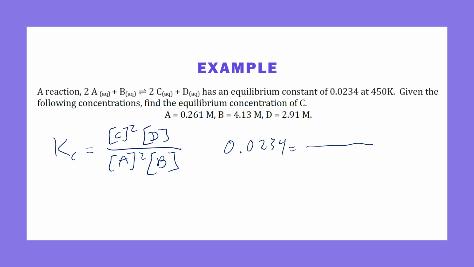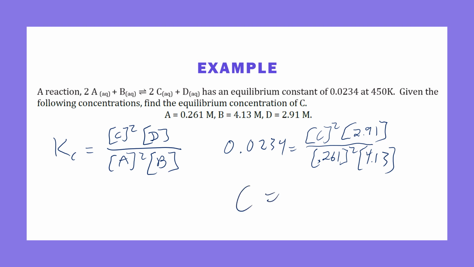And then they tell us that C is what we're looking for. D is 2.91. A is 0.261 squared, and then B is 4.13. So then you just need to solve for the value of C. And we get that C is 0.0476 molar. That's our molar concentration when we solve for C.